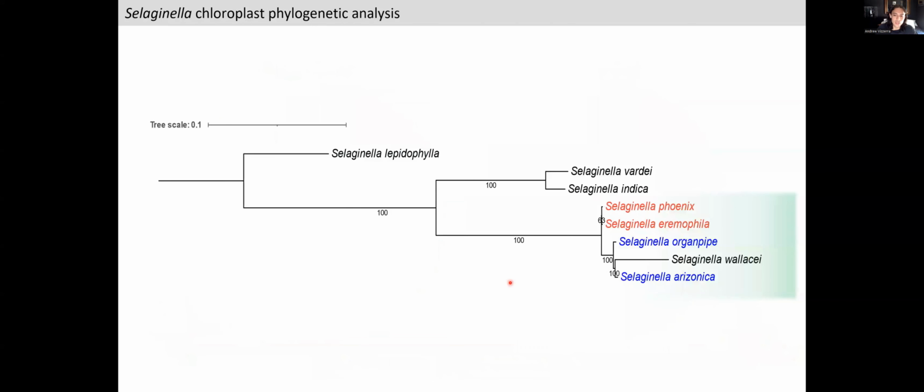And what we find is that there is evidence that supports our hypothesis from before. So that organ pipe hybrid, that homoploid hybrid, is sharing more sequence similarity in the plastid genome with the Arizonica parent, and the allotetraploid hybrid is also sharing more sequence similarity with the Eremophila parent. So now we have evidence that supports our hypothesis that this is in fact driven by the maternal parent.